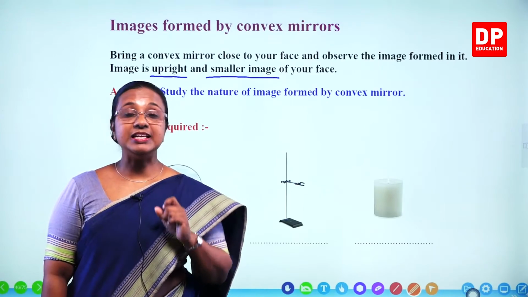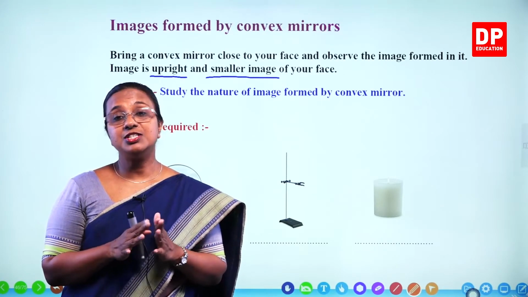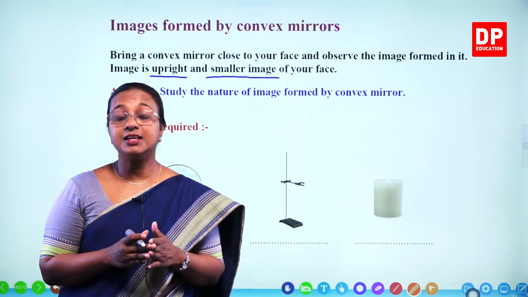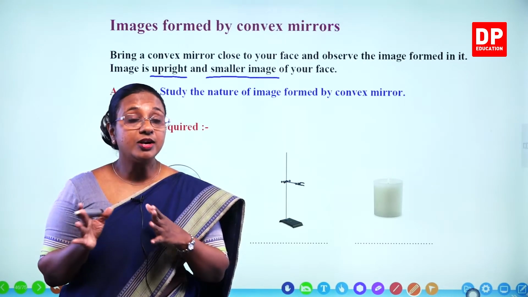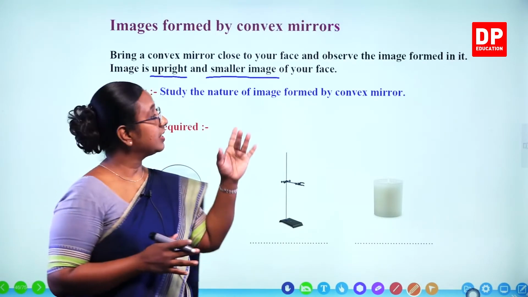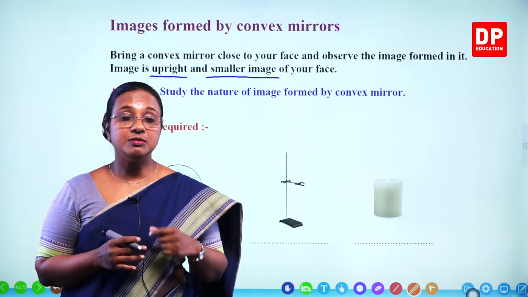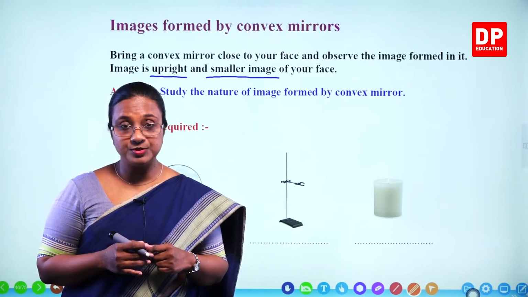We used the pen caps with the two mirrors, the converging and diverging, or the concave and convex mirrors. In a concave mirror, you were able to see a larger image. But in a convex mirror, you saw a smaller image, smaller than the object.